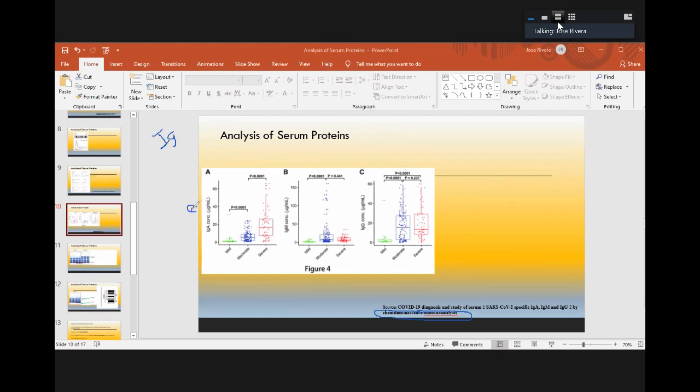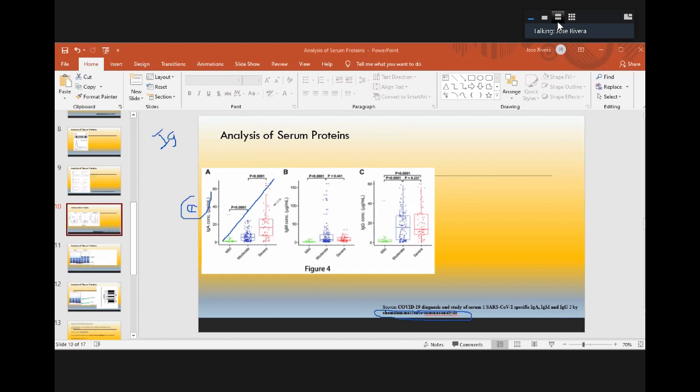But just looking at IgA, you can see that in the severe cases the levels went a little bit higher, moderate levels are somewhat higher, and in mild cases the IgA didn't even respond. That makes sense because the person really didn't get sick. This is IgA.